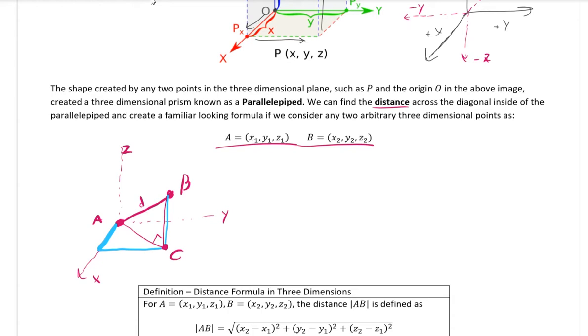That means I should be able to define this in a two-dimensional respect, thinking about the distance from A to B, whatever that distance is, as AC squared plus CB squared.